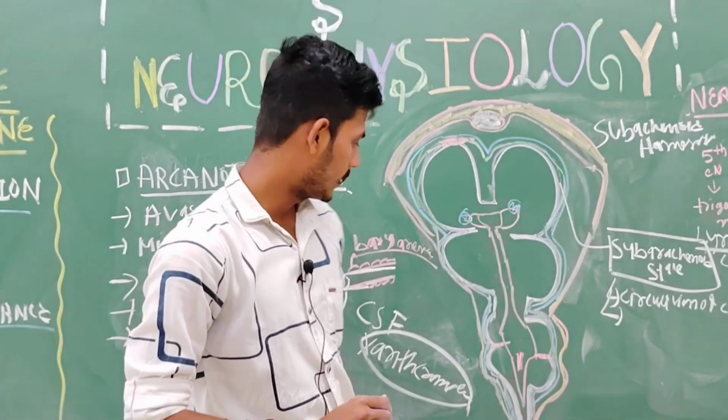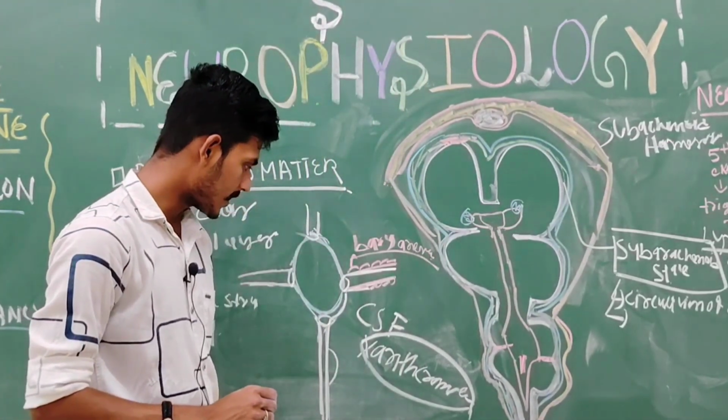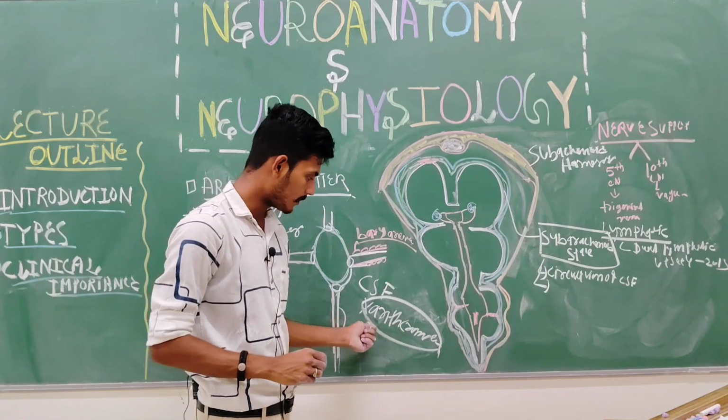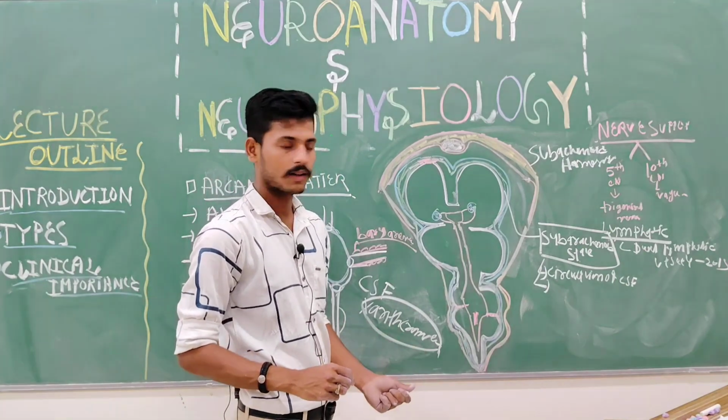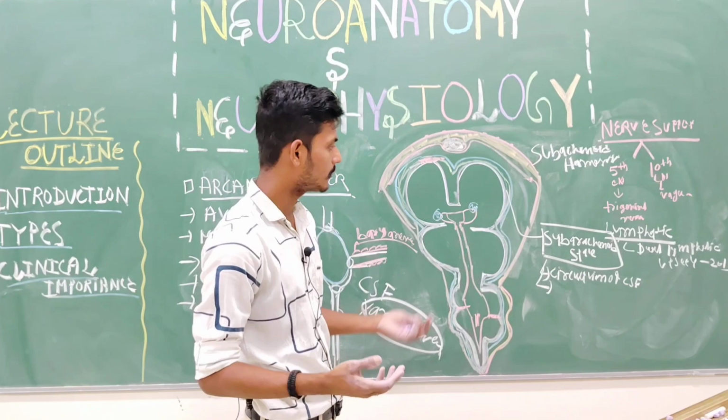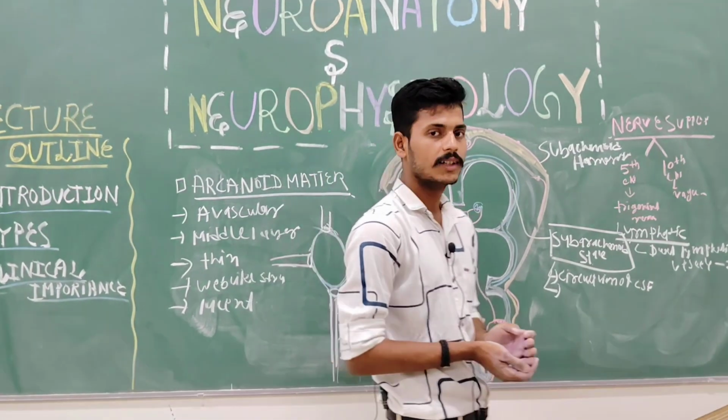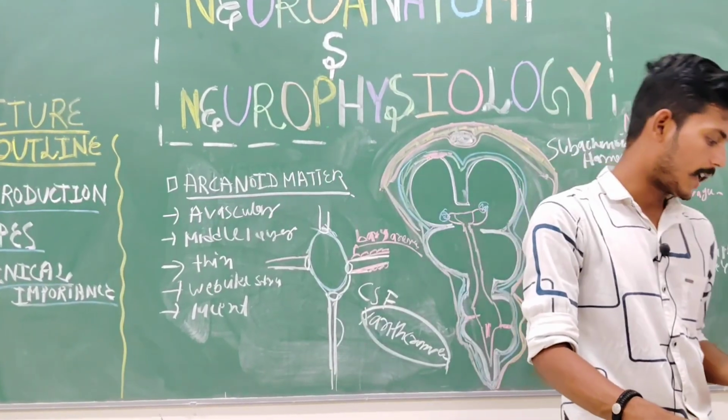For investigation, we examine the CSF, and the CSF will appear xanthochromic, a yellowish color, which confirms a subarachnoid type of hemorrhage.